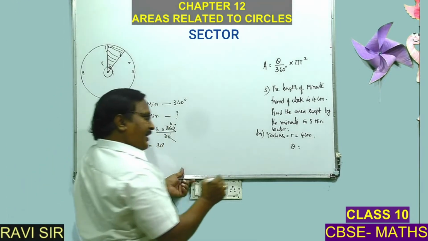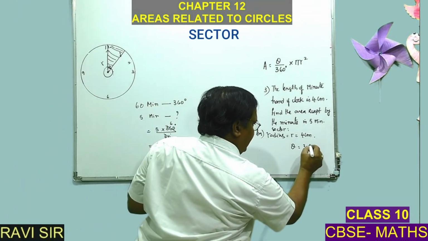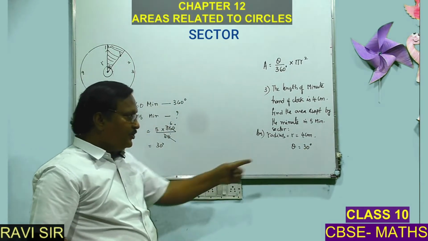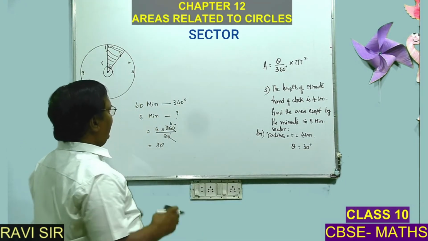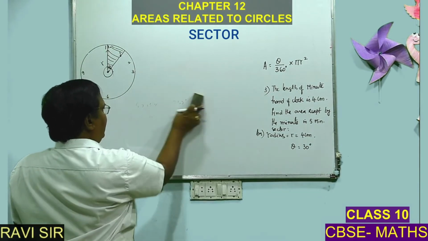So, 30 degrees. This is a simple calculation. Do not write directly theta is equal to 30 degrees. You should show the calculation. How to show the calculation? I will show it under my diagram.